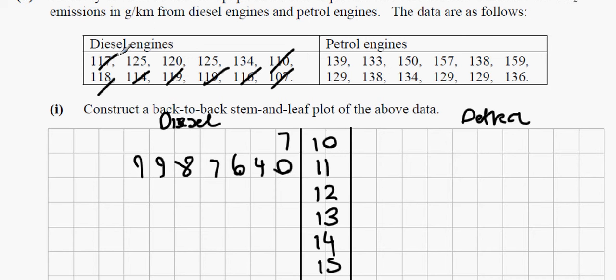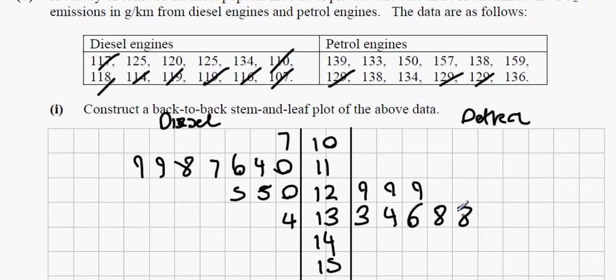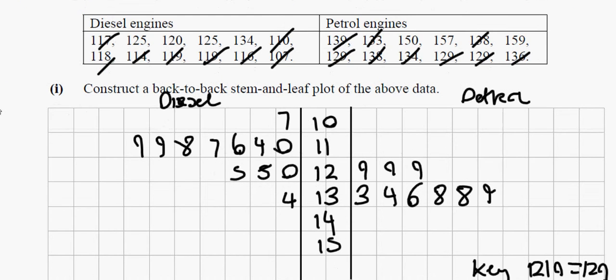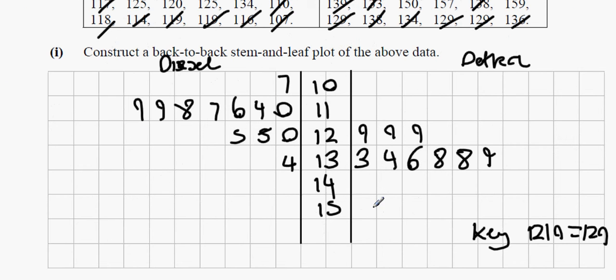And then we can have 0, 5, 5, and then 4. And then we have 129, 129, 129. 3, 4, 6, 8, 8, 9. Okay, and then we have 0, 7, 9.